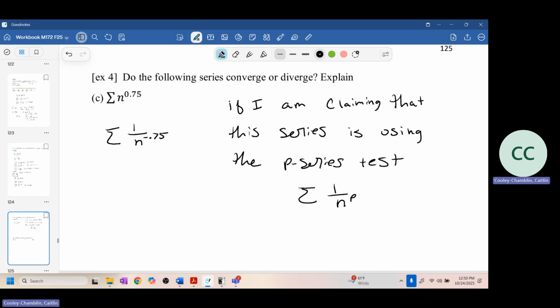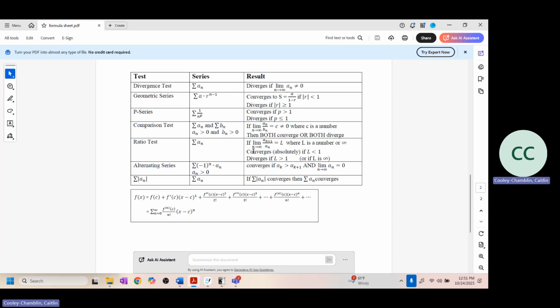Okay, so now it looks like this. The first thing I'm going to say is this is a p-series test. 2, the next thing, my power is negative 0.75, which is definitely less than or equal to 1. So step 3, just double checking, less than or equal to 1, it diverges.